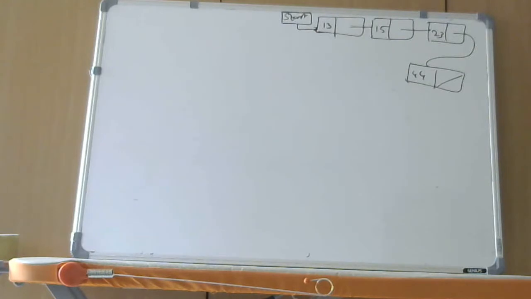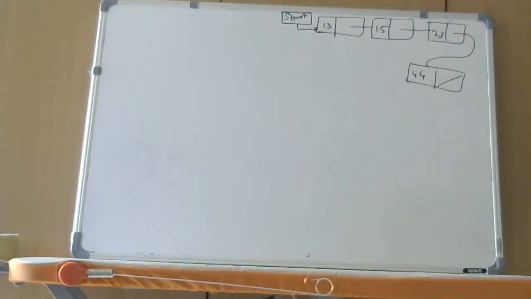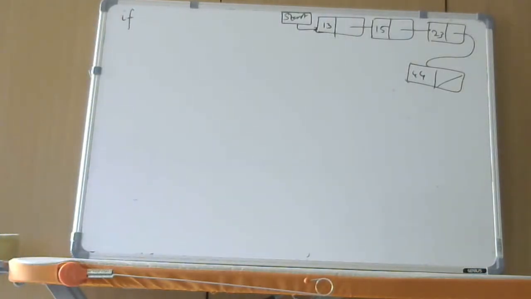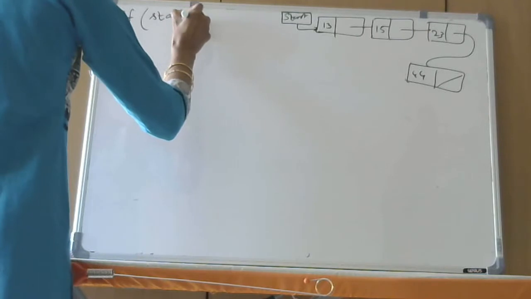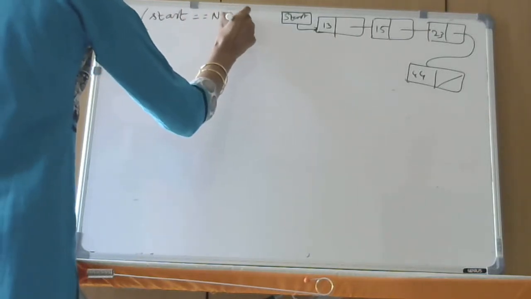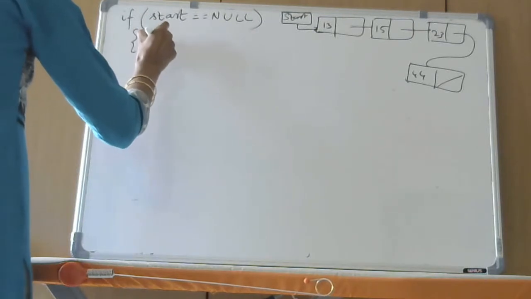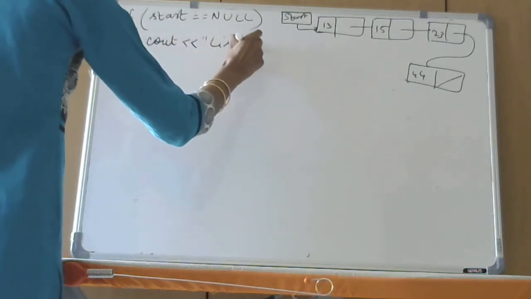Now, before which element do you want to insert? The first thing I want to check is whether my linked list is empty. You should always check that. We can check it as: if start is equal to null, then I write cout list is empty.